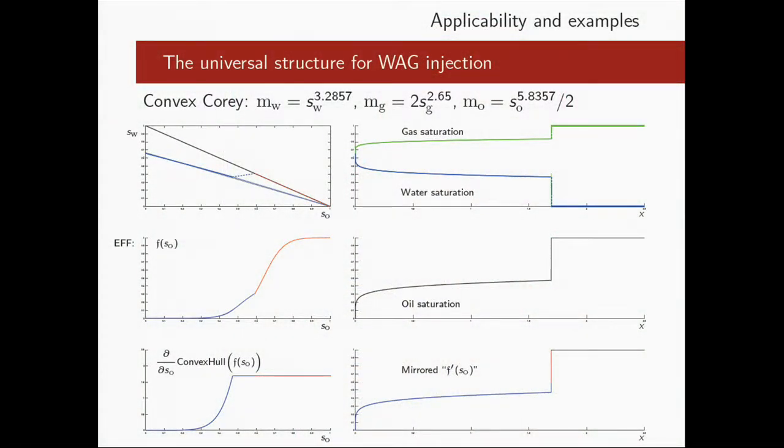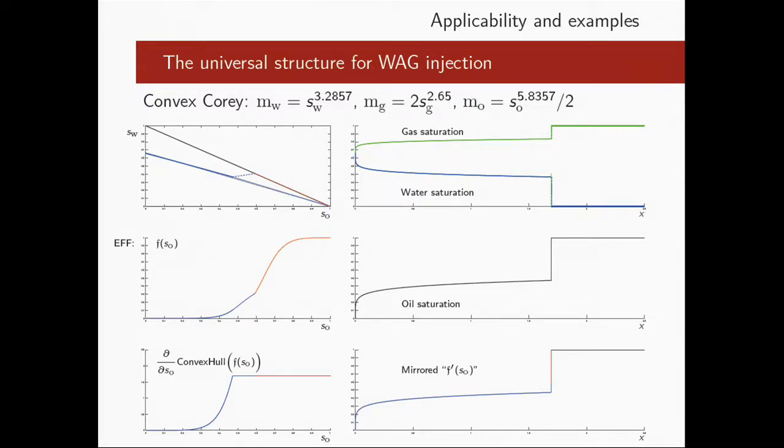trying to summarize what I said. I'm using a convex Corey model. This means that the mobilities, this is not the mobilities, sorry, this is the viscosities, because we have viscosity 2 for oil, 1/2 for gas, and 1 for water.